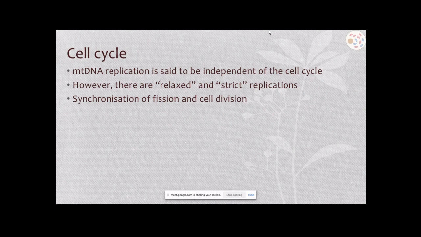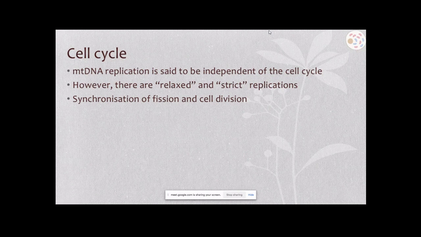So now we know there are two things: mitochondrial DNA replication, and there is a cell cycle. Both are cycles, or iterative processes, happening inside our bodies. It is said that mitochondrial DNA replication is independent of the cell cycle. It doesn't follow the cell cycle. However, there are relaxed replications, which are truly independent of the cell cycle, and there are strict replications, which actually tend to follow the cell cycle pattern.